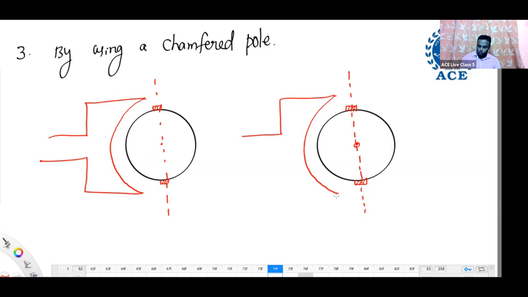This is the first one. This is the second one. Which pole is the chamfered pole? Approximately tell which pole is the chamfered pole. One or two, first one or second one? Okay, very good observed.